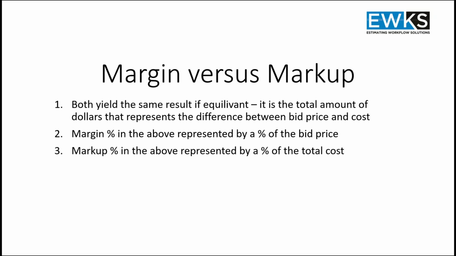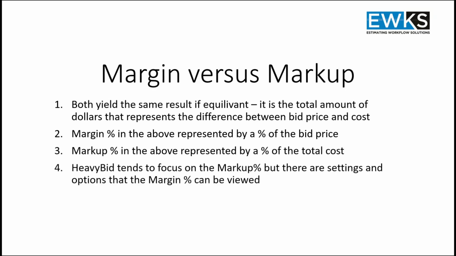So my markup percentage is going to be higher than my margin percentage. Now, HeavyBid tends to focus on markup percentage, but there are settings and options that the margin percentage can be viewed. And that's what we're going to go over today in this video.